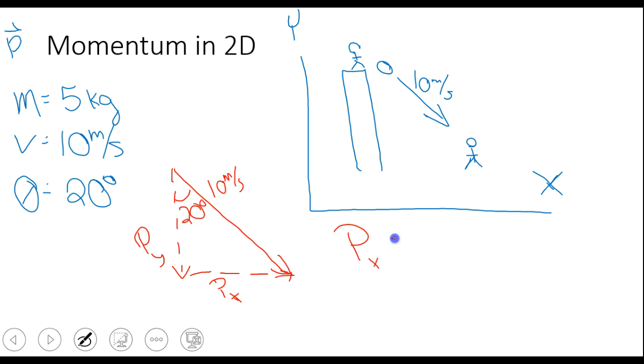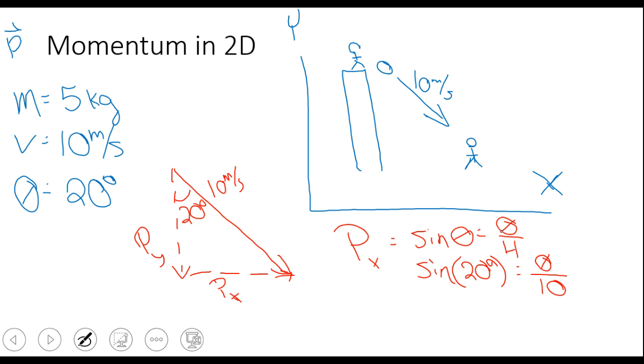The component of the momentum along the x is going to be opposite over hypotenuse. We know that sine of theta equals opposite over hypotenuse. In this case, we're working with an angle of 20 degrees. We don't know the opposite side, but we do know that the hypotenuse is 10.